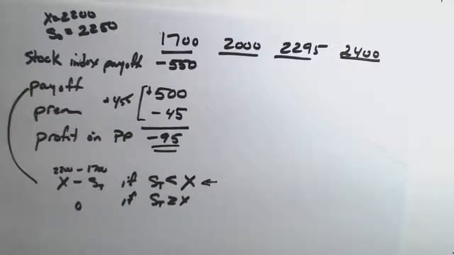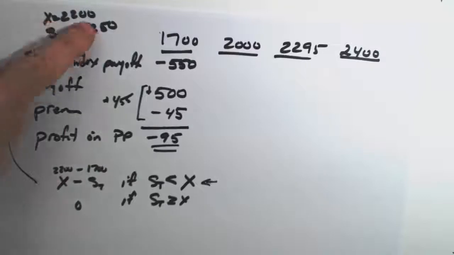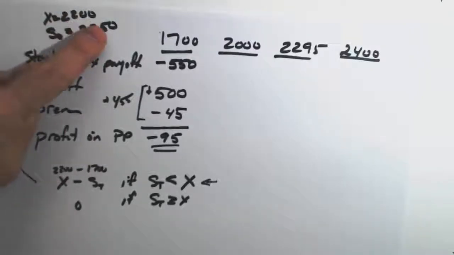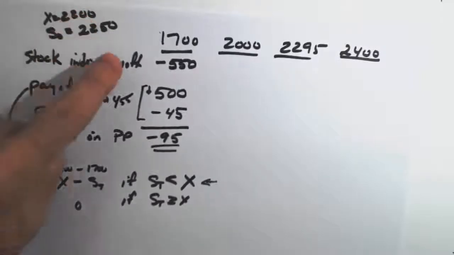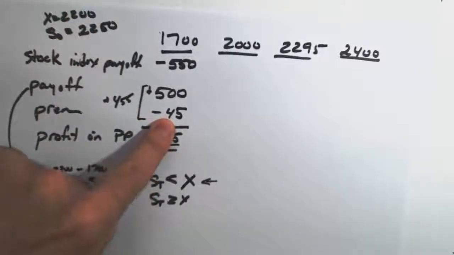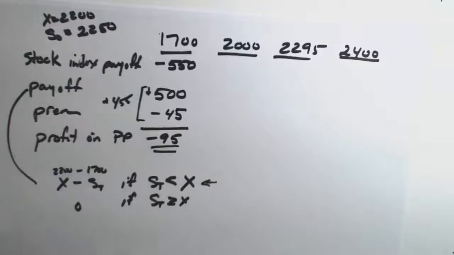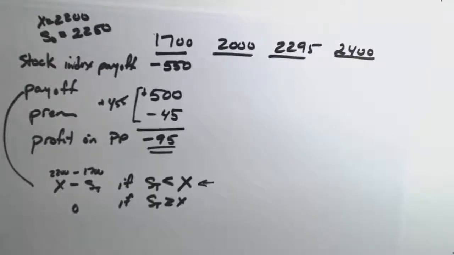So a lot of people who put on protective puts want to insure, but they want to have cheap insurance. They'll buy an option slightly out of the money. And that's exactly what happened. So we're going to lose $50 because of that difference in the strike and the stock here. And then we had to pay an insurance premium of $45. And that accounts for the $95 loss. Okay, so you can see where that loss comes about.